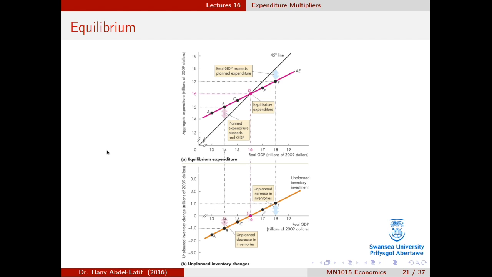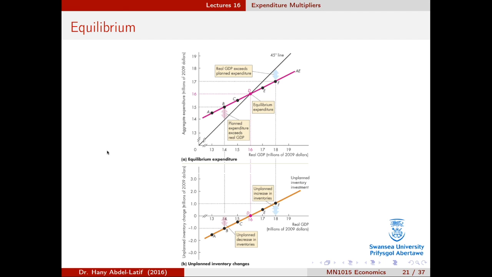We have only one point at which the aggregate expenditure equals real GDP, which is point D. That's the equilibrium point, and that is the real GDP level where the equilibrium will be in this economy.